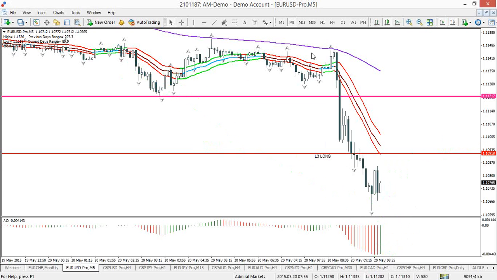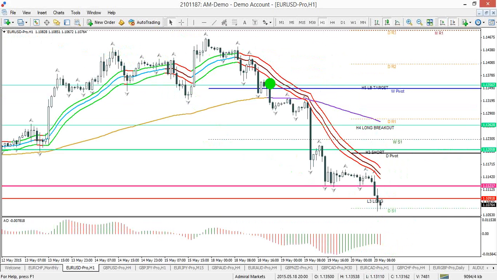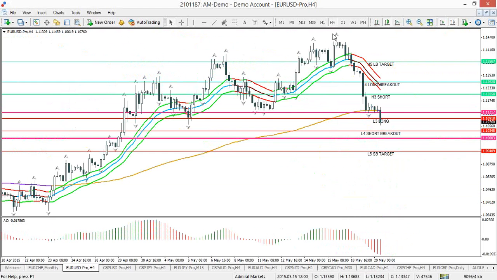You can also use the bands for counter-trend trades. Anyone who was looking for downside could have traded below the band here down to the long term, right? So you can trade away from the band.